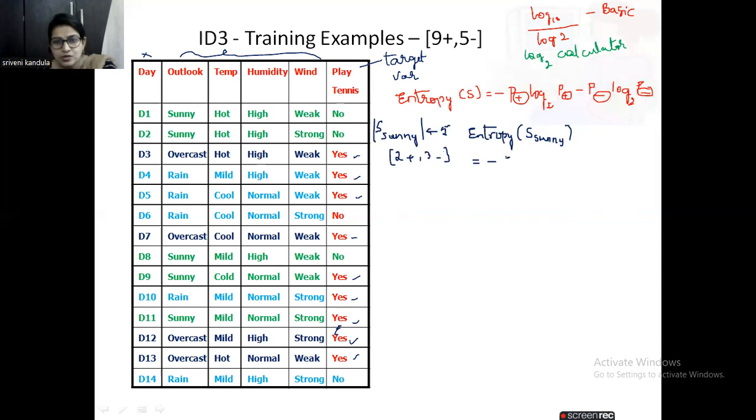The number of positive examples is 2, under S sunny only we are talking about, and the total cardinality is 5. So total examples are 5. 2 by 5 multiplied with log base 2 of 2 by 5, minus negative examples are 3, 3 by 5 log base 2 of 3 by 5.